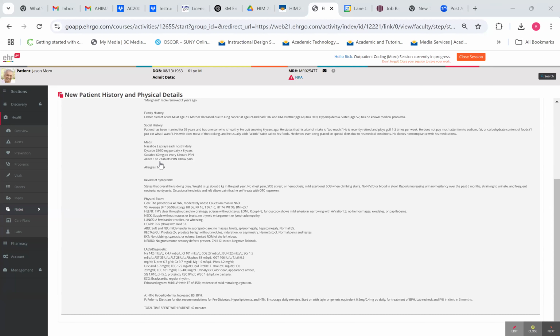Now, this is where it can get a little confusing. It does say that his blood sugar is elevated. If you've ever been to primary care recently, many times they will ask people to come back for another assessment of their blood sugar, right?